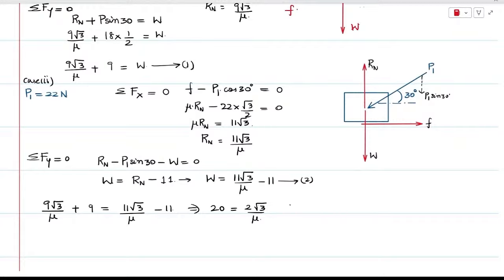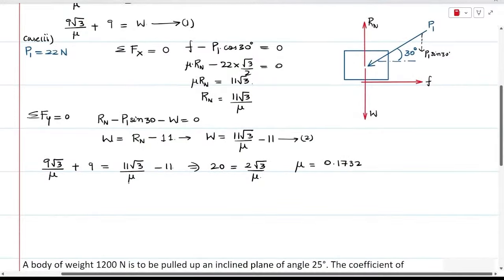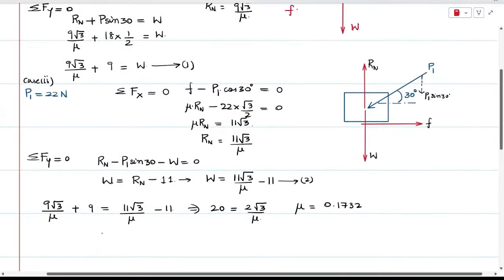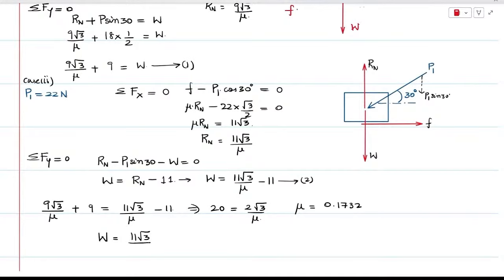Next mu is equal to 2 root 3 by 20, which is 0.1732. Root 3 value is 1.732. 1.732 divided by 10 is 0.1732. That is mu.